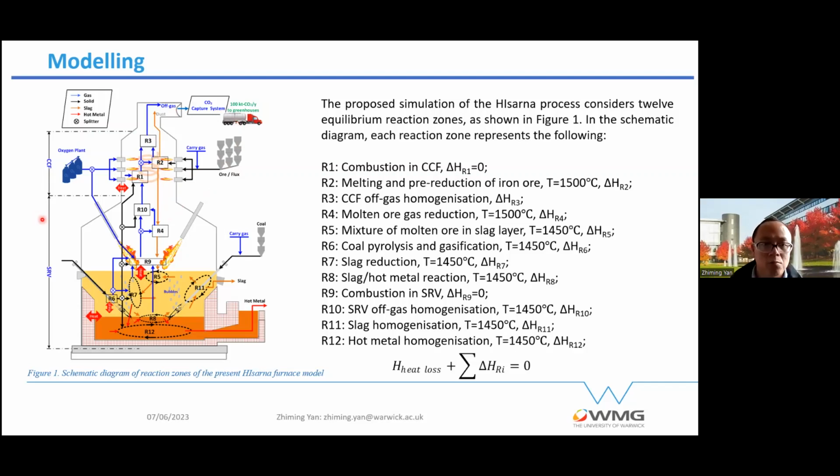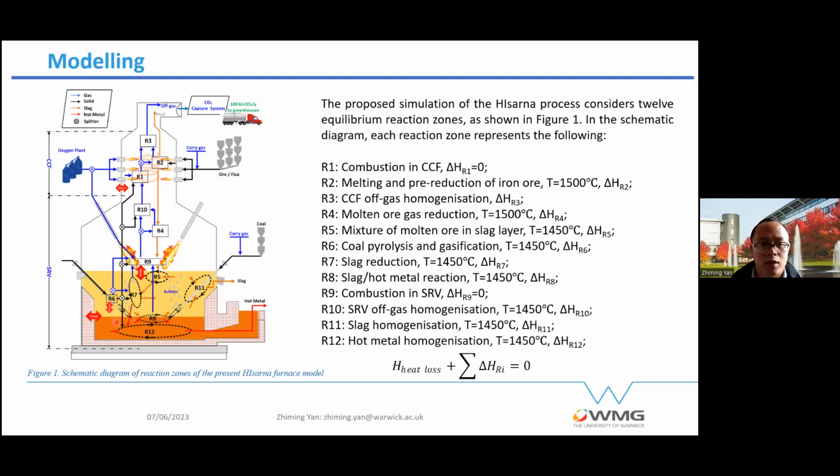So in the SRV, we have the melted ore dropped here, and we also have the off gas. So we have a melted ore reduction here, and then the melted ore will be mixed with the slag in the SRV. So we have zone 4 for the mixture of melted ore.